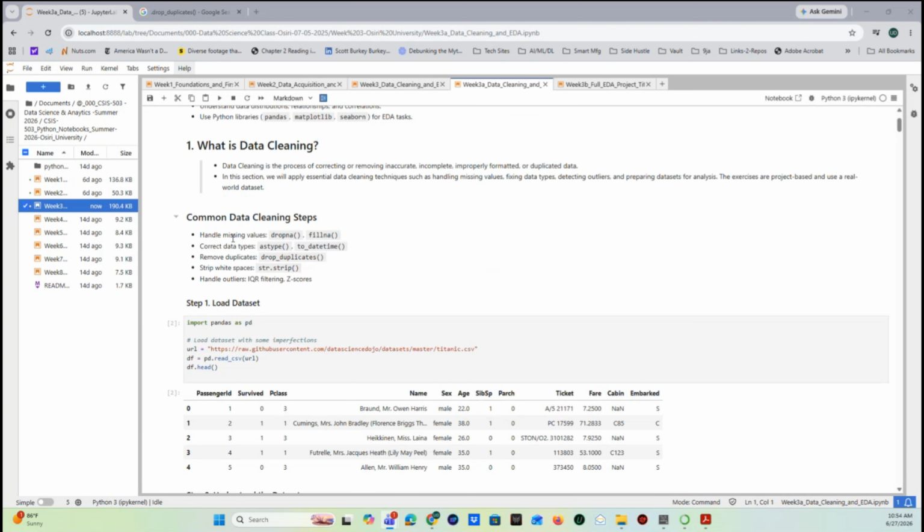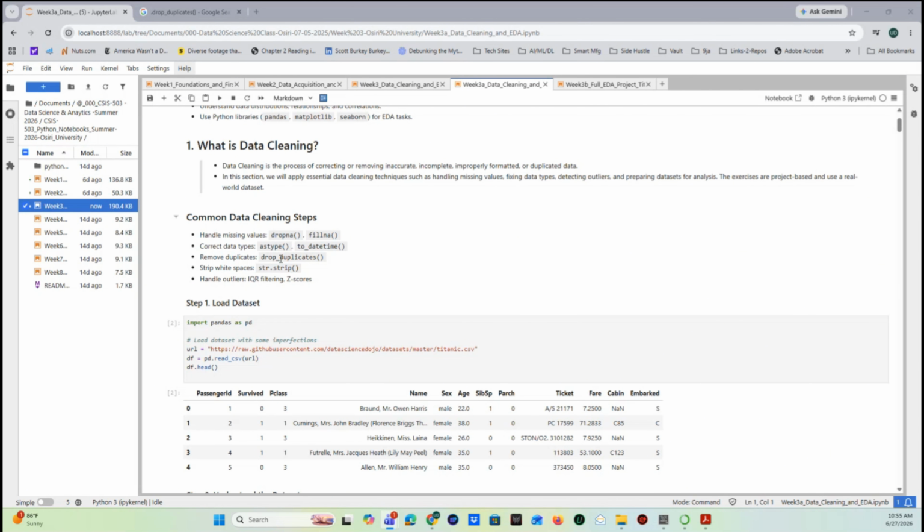So common cleaning steps will be, we want to handle missing values using these methods, dropna or fillna. This helps you drop missing data. This helps you fill it up. We want to correct data types. If a data type is in one form and we want to move it to another form, say I have some text data and I want to convert it into dates, some kind of date data, I can use those.